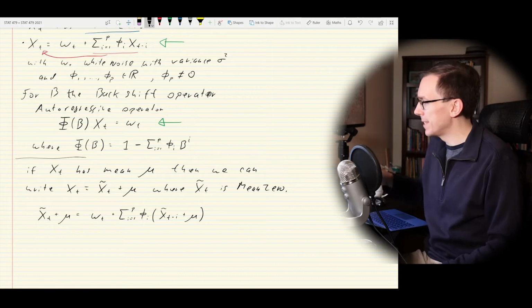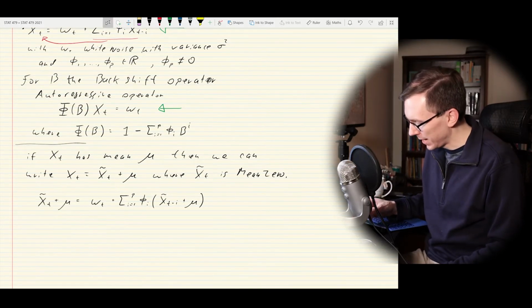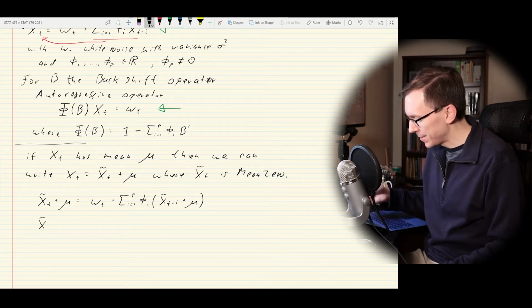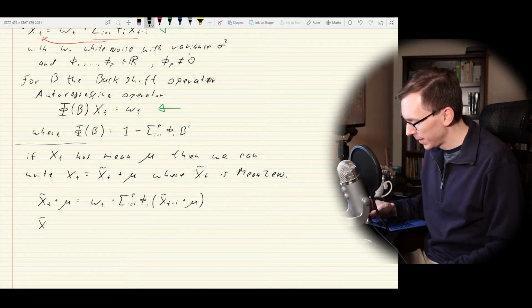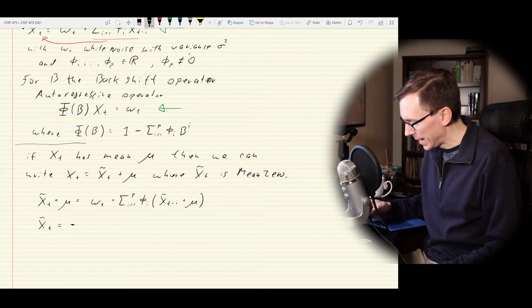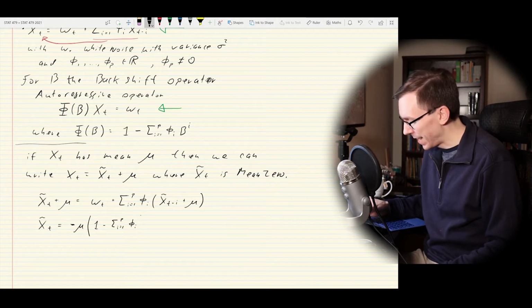Why? Well, what happens is that we can reduce this down. Basically I subtract mu from both sides, and I collect all the mu terms together, and I get something that's going to look like this, which is 1 minus the sum, i from 1 to p of phi i.